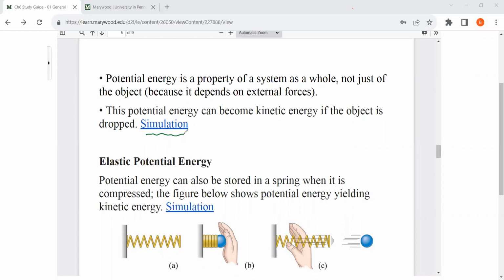So basically our system is very simple. In this simulation you are going to see that the potential energy can become kinetic energy if the object is dropped or moved, I mean, if we change the height. So let's see the simulation, and then let me comment on it.